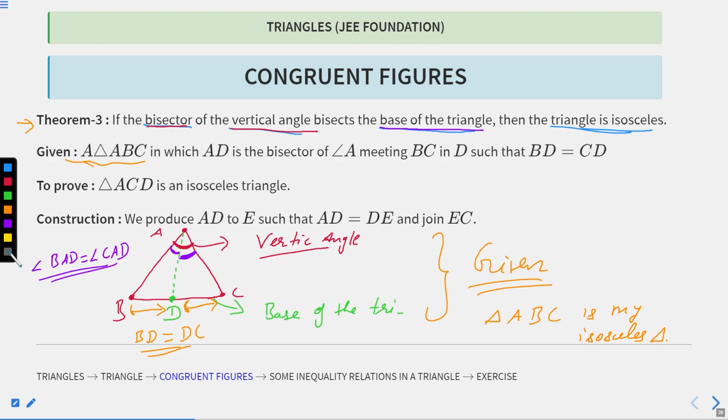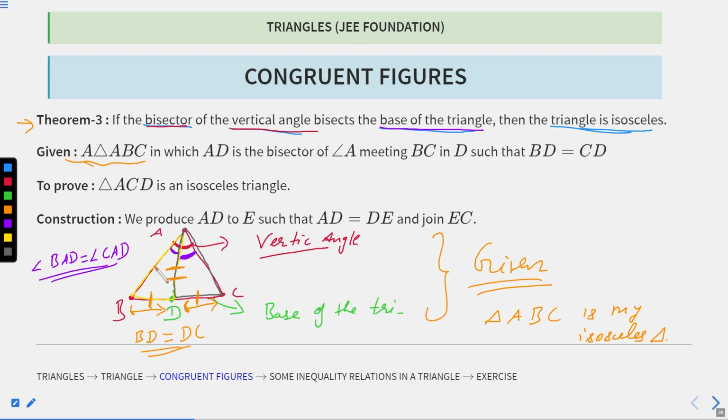In two triangles, which triangles am I talking about? One triangle is this, and another triangle is this. Please pay attention. We know that BD is equal to DC. We know that AD is common.